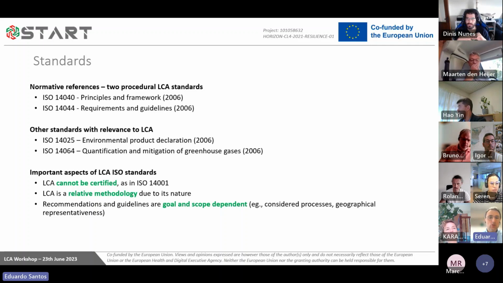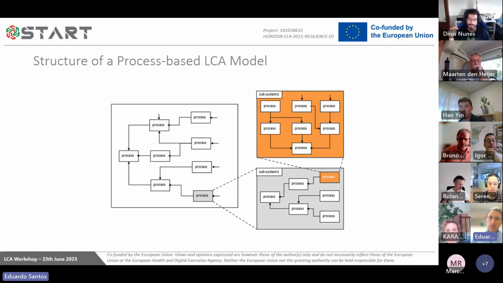But it's a methodology that benefits a lot from having a third party or someone independent accompanying its development, and although it cannot be certified, it can be reviewed. I'll leave this slide for later if you want to check some of these norms, but it's not really critical right now.